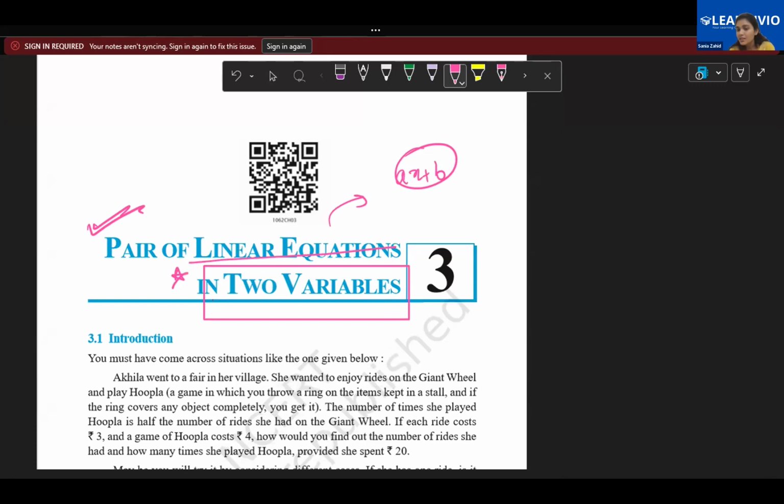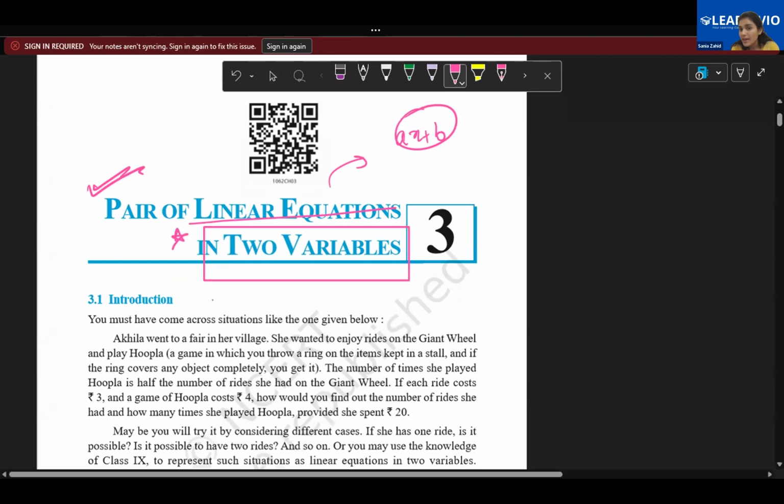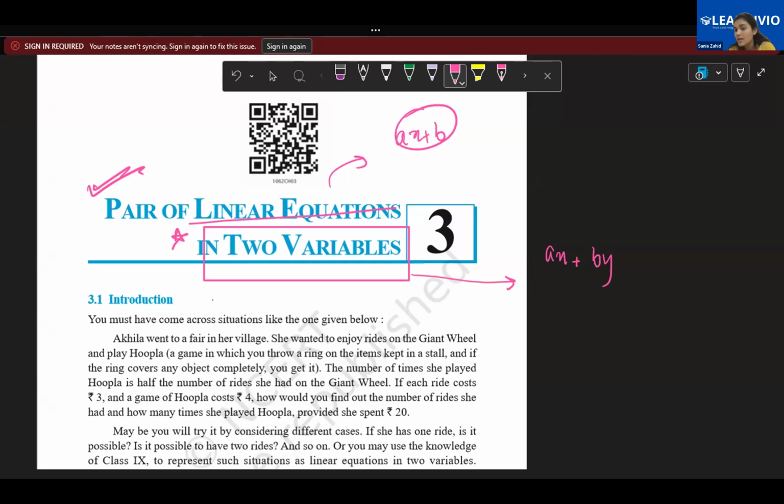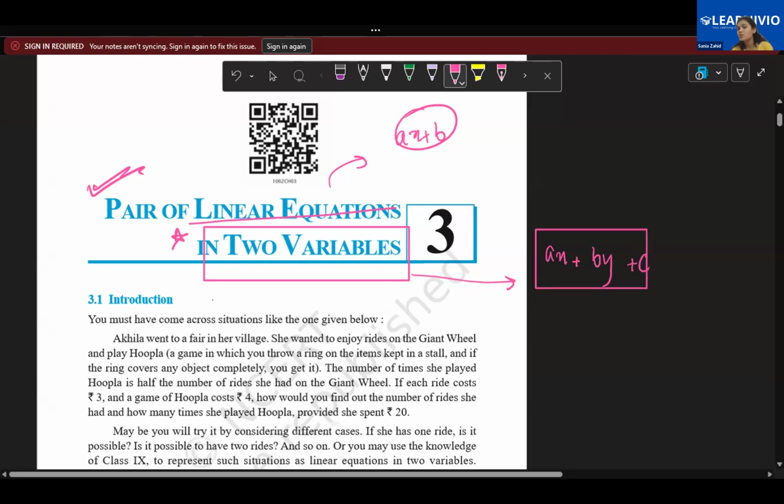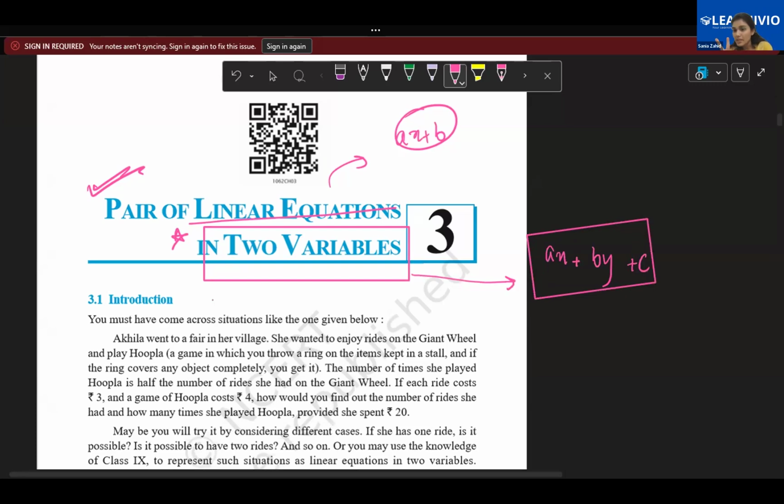Now you don't just have x with you, but you have two variables. That means I will have ax plus by and a constant term c. So this will be my linear equation in two variables. It has two variables, one is x, other is y. It's not necessary that they are x or y, they can be anything. But for reference, you consider them as x and y.